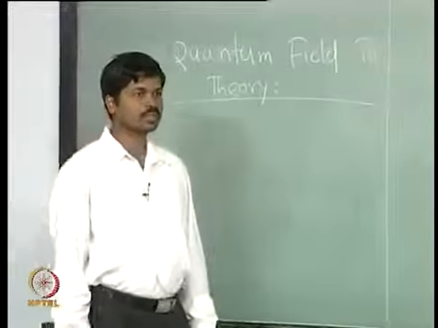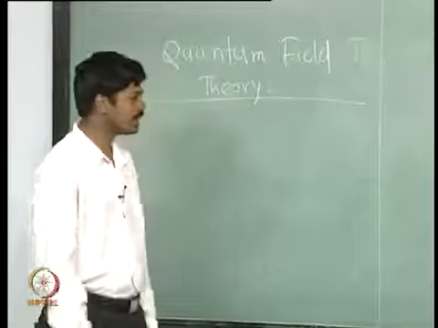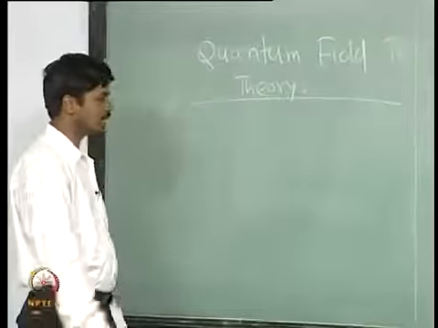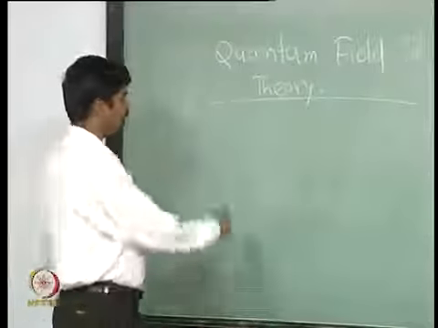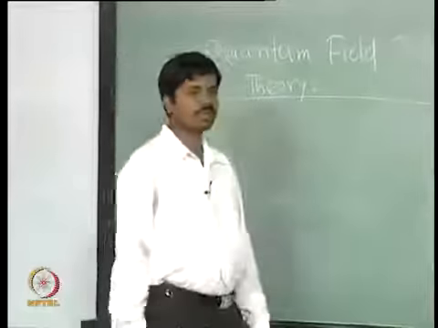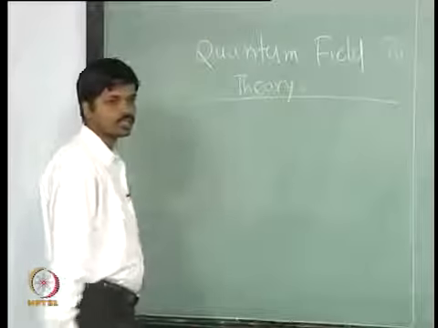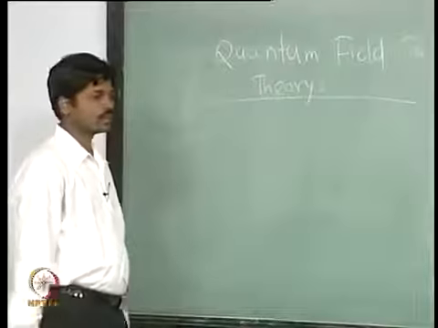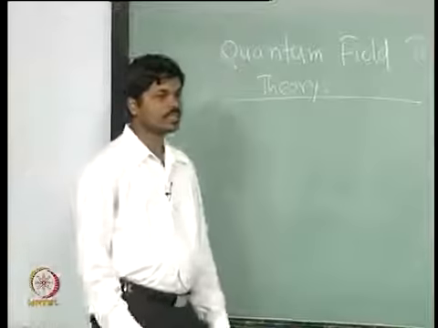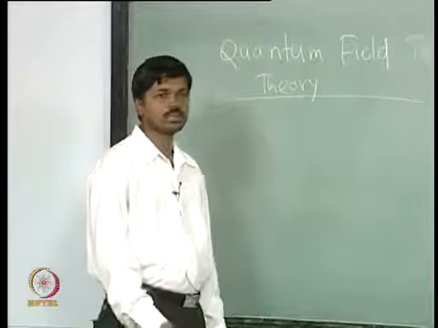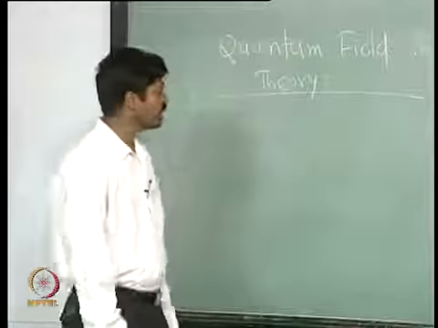The motivation is that suppose you consider a particle. The way you do it in quantum mechanics is you write down the Schrodinger equation and you solve it, you find the solution, which is the probability amplitude.